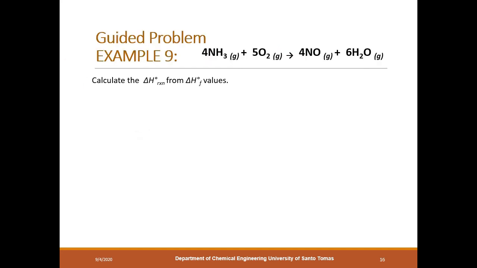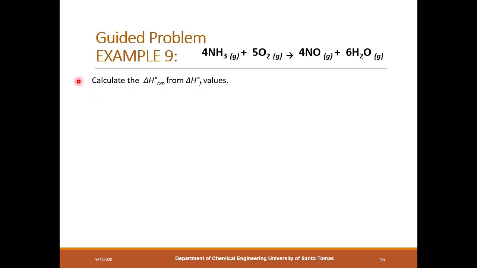Let us now proceed to the solution for example number 9. Recall from the statement of the problem that we are given the reaction for the oxidation of ammonia to form nitric oxide and water. Again, the problem requires us to calculate the standard enthalpy of reaction from the standard enthalpy of formation values.